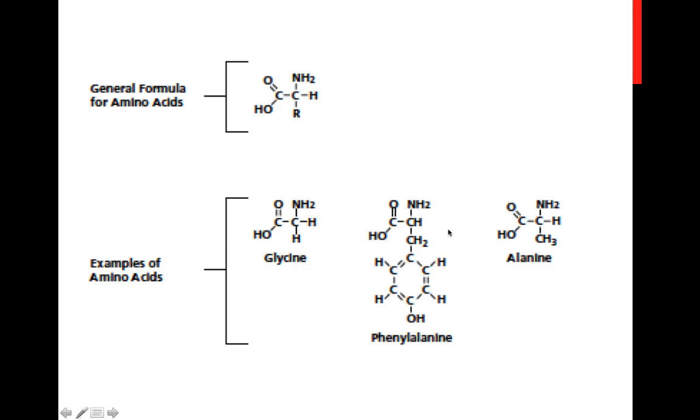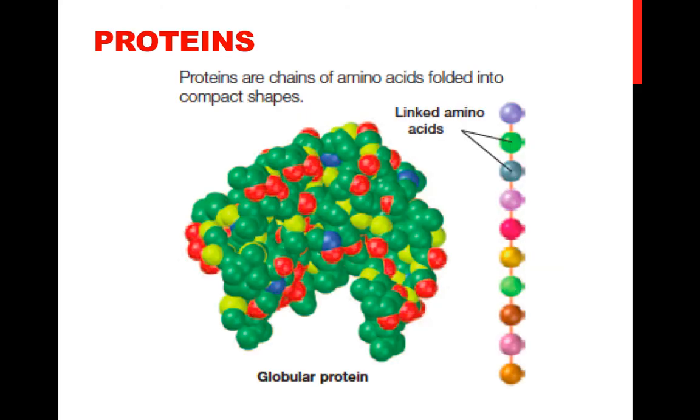When I was in college, I had to memorize every single structure, be able to draw it, and name it. It gets interesting, 20 different amino acids, but that's what proteins are made up of. Amino acids link together to form protein chains, and then these chains glob together to make a huge globular protein.